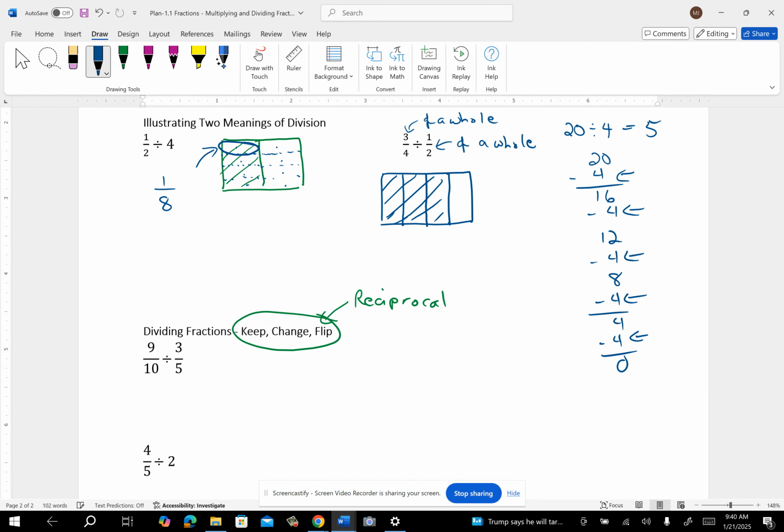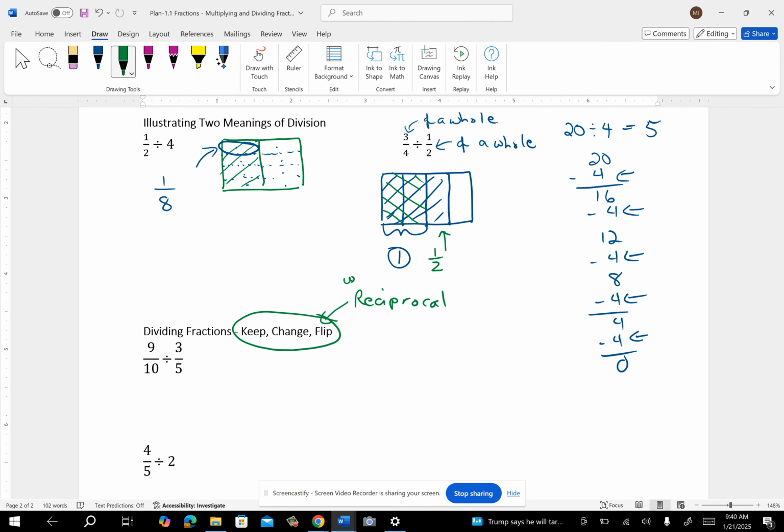Okay, so here's one whole. That's one whole half. Okay, so that's one. This right here would be one entire half. But then this would only be half of another half.